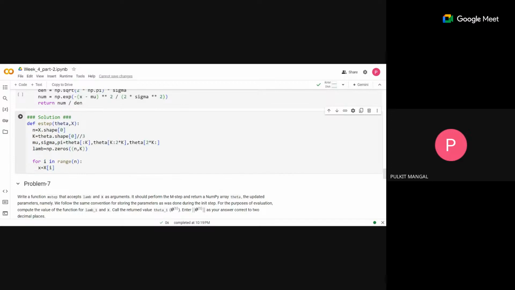Now for this one data point, you need to calculate the value, summation from i equal to 1 to k of pi k into n k. That would be your denominator part.